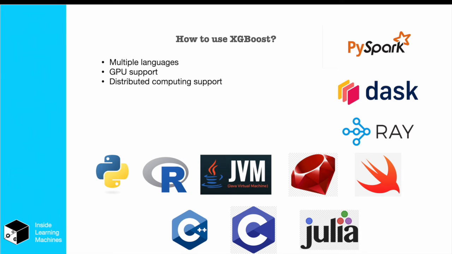We can use one of these three frameworks, so Spark or PySpark, Dask, and Ray all provide an API for XGBoost. So you can take your pick to see which technologies best suit your project.